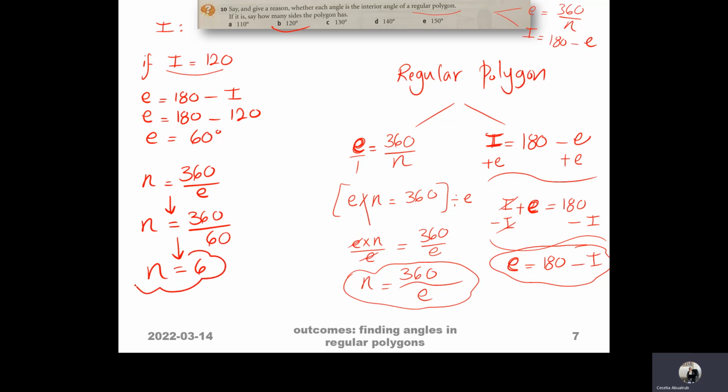And as you can see, n is a whole number, so it is a regular polygon with 6 sides.